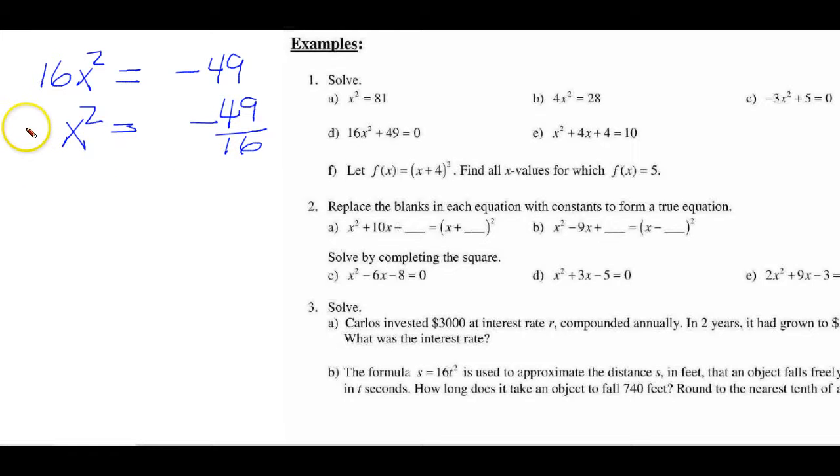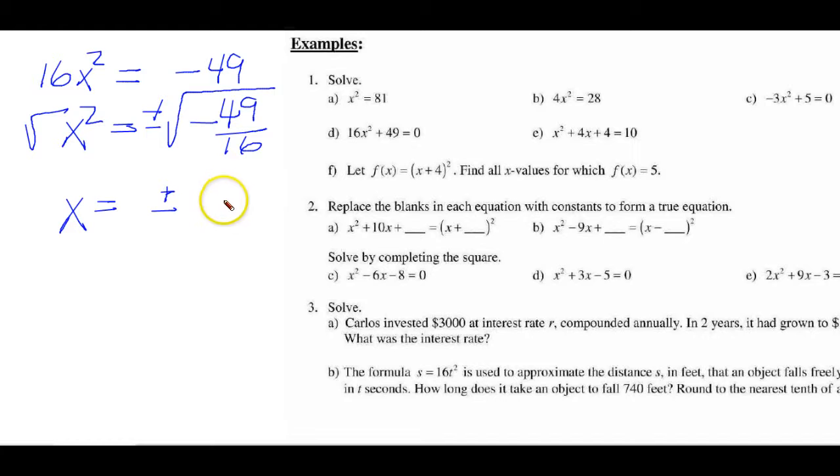Now I'm going to take the square root of this side and I do plus or minus the square root of that side. So this side will become x. Now this side is going to become plus or minus. Now the square root of 49 we know is 7, but there's a negative under the radical sign.